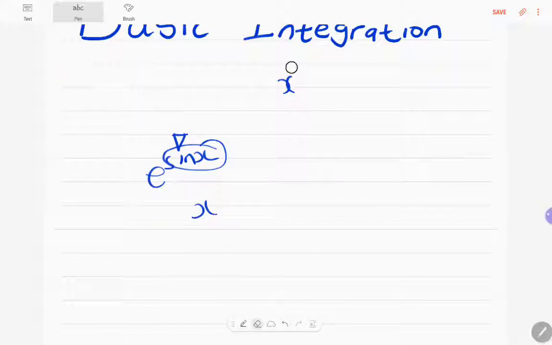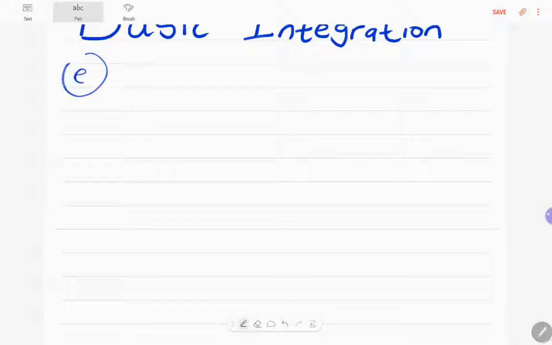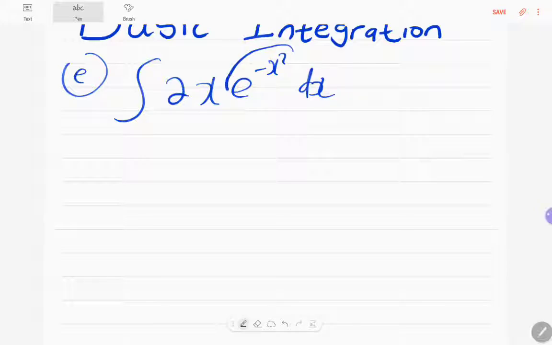Now let us do number E. Integral of 2x e minus x squared dx. If you can check that the derivative of x squared is 2x, so they will cancel. That means you just copy this, you integrate this one, e minus x squared. What is the derivative of minus x squared?